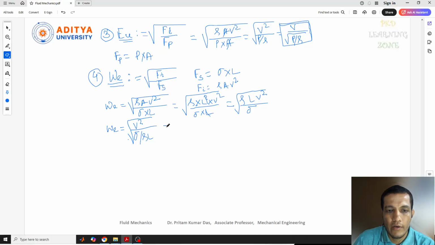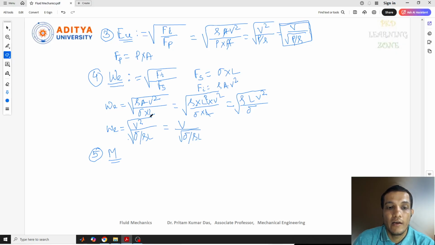Now if you remove the root over, what will we get? v by root over of sigma by rho L. This is the Weber number. Similarly, the last one is the Mach number. Mach number is denoted M, only M, or sometimes MA also. So Mach number we can define this. So how to define?